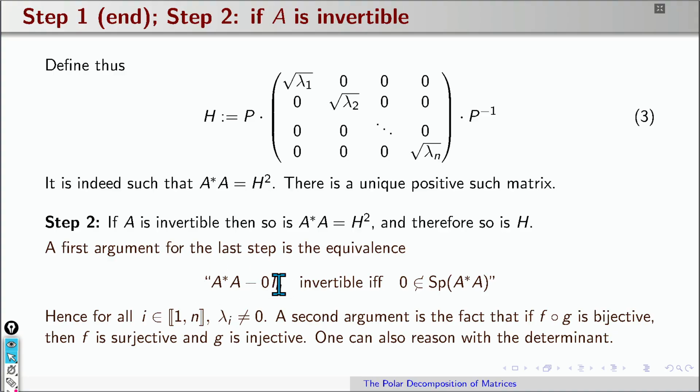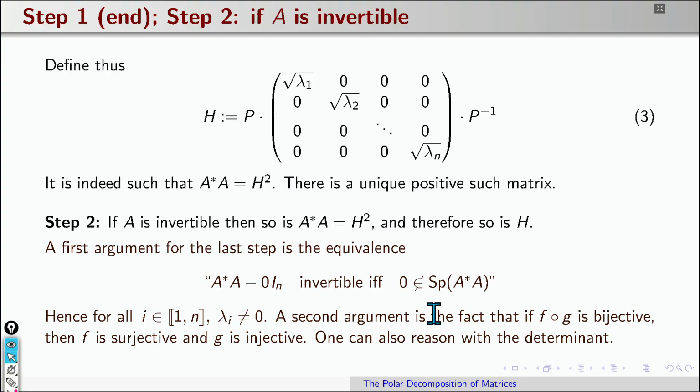Taking the negation, if n minus lambda identity is invertible, it means that this lambda is not in the spectrum. The spectrum is composed of eigenvalues, so 0 is not among the eigenvalues. The eigenvalues are non-zero, so it means that H is invertible. You can directly take the inverse as 1 over this, 1 over this, 1 over this. It will give the inverse of H.